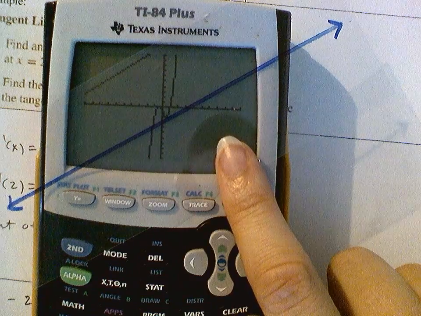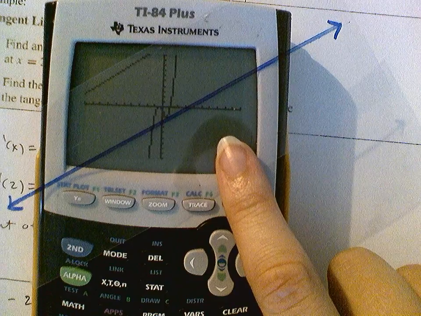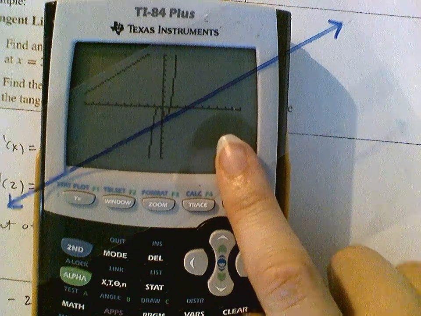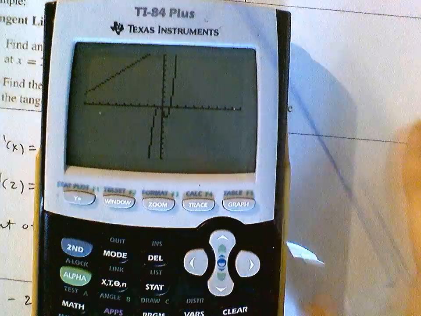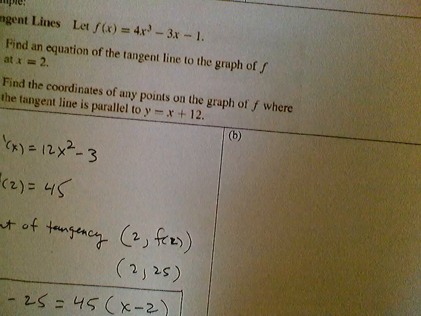So it looks like I'm going to get 2 x coordinates where the slope of the tangent line is going to be the same as the slope of that line too. I hope I'm articulating well.